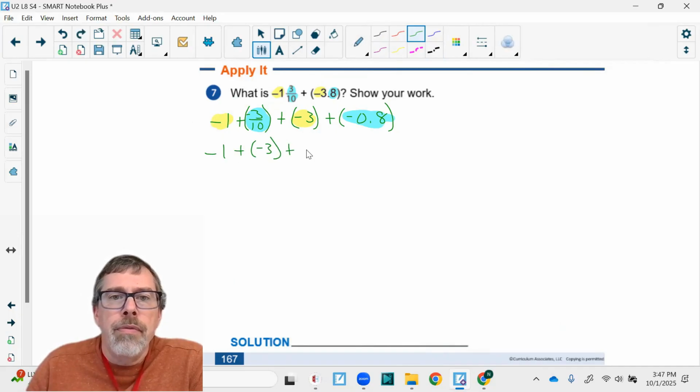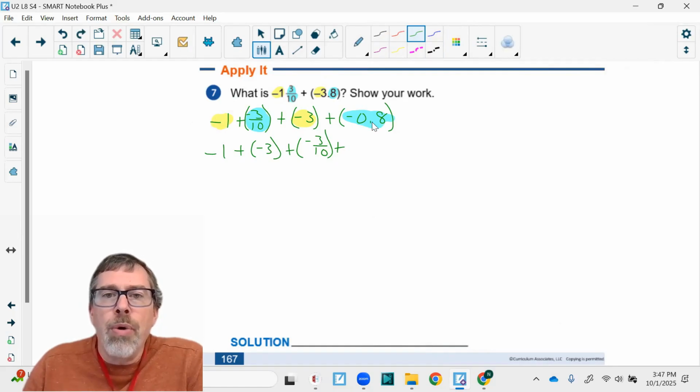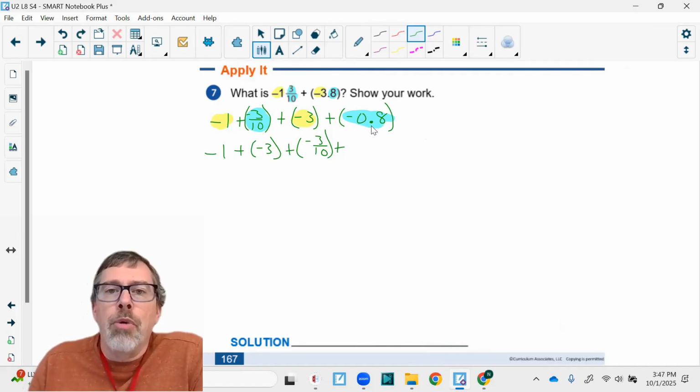Then this one, -3/10 plus, and I'm going to convert this to a fraction. If I say this without using the word point, that's how I try to tell students to say it a different way. This is -0.8. But if I'm reading it mathematically, it is also -8/10 because it's in the 10th position. Okay. So this is -8/10.